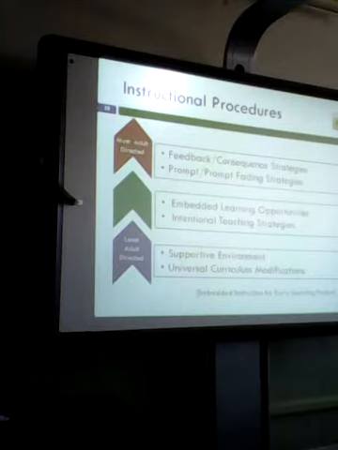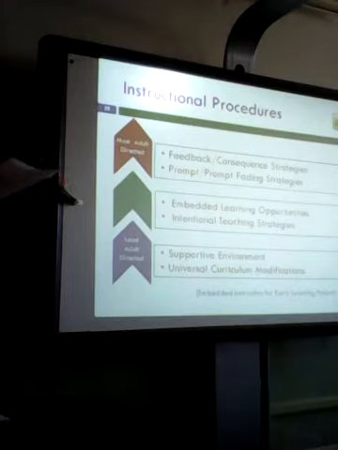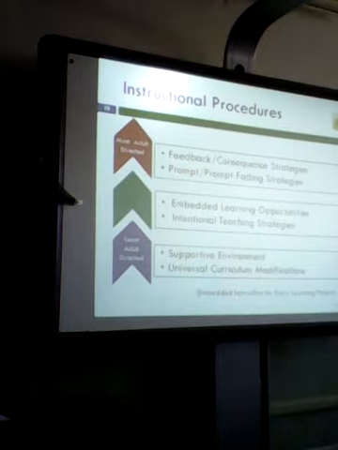So here are some instructional procedures, and you can refer to handout 12.2. It's going to be right after that example of the activity matrix. The handout is going to describe the antecedent, behavior, and consequence to complete a learning trial more in depth.